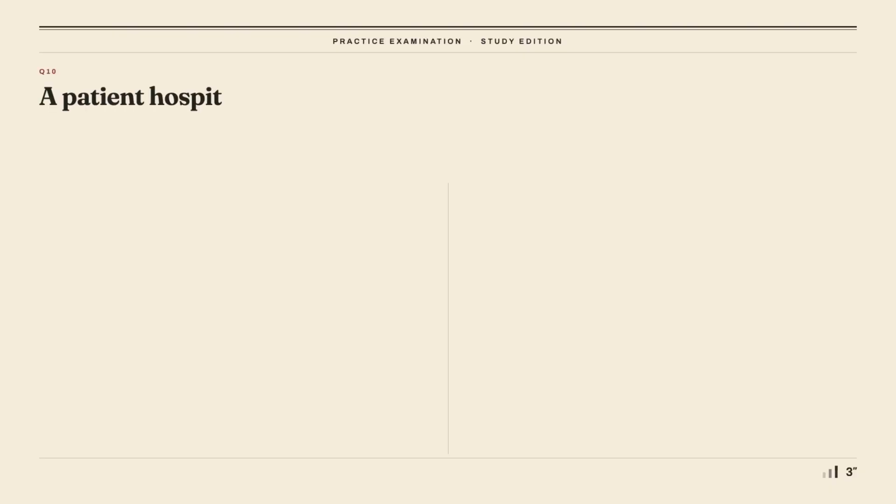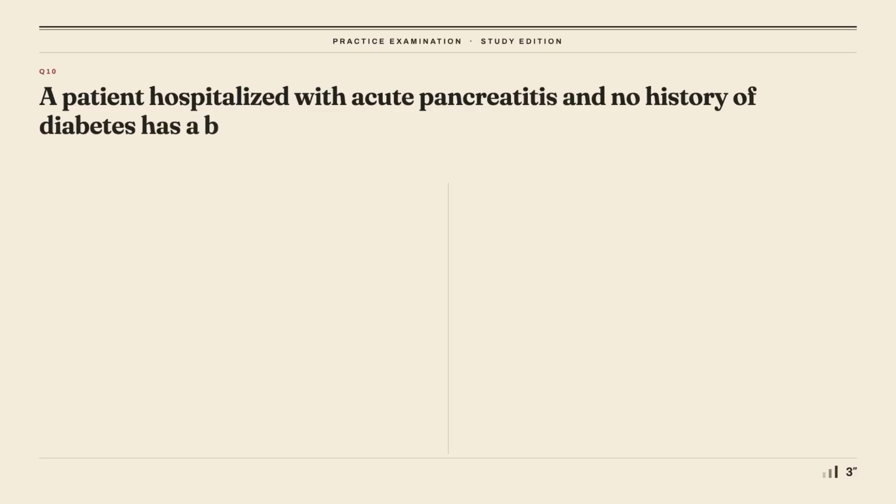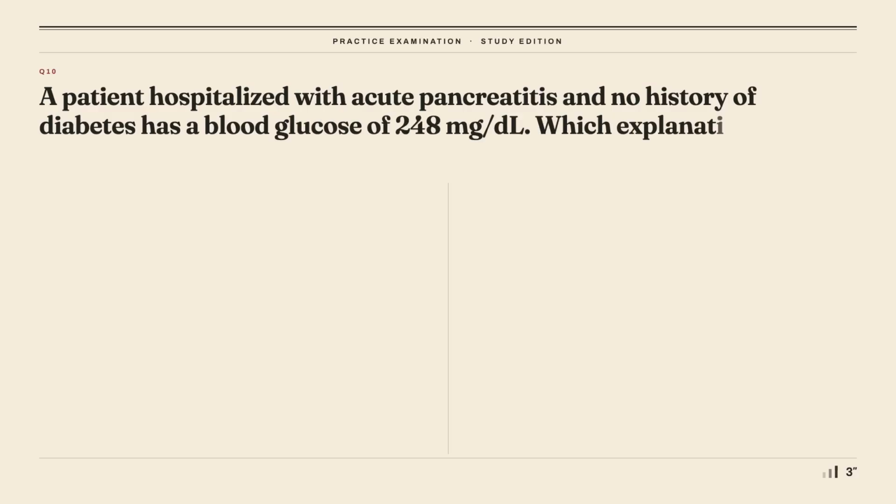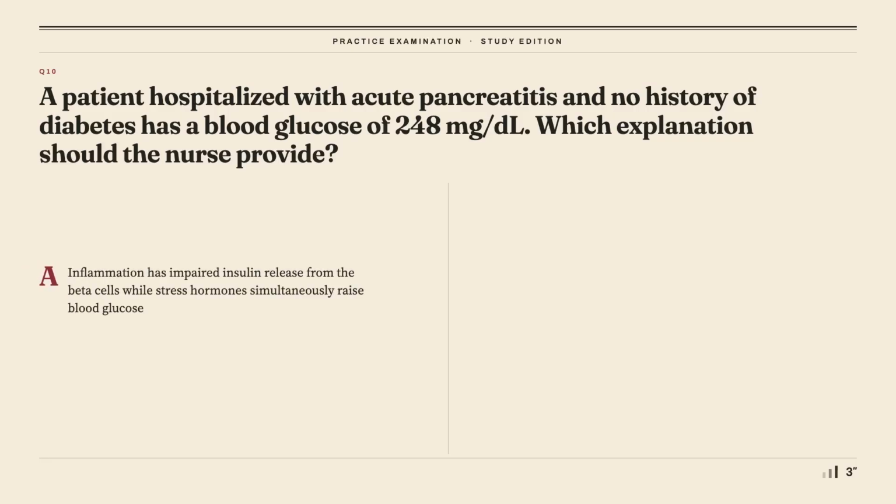Question 10. A patient hospitalized with acute pancreatitis and no history of diabetes has a blood glucose of 248 mg/dL. Which explanation should the nurse provide? Your options are: A. Inflammation has impaired insulin release from the beta cells, while stress hormones simultaneously raise blood glucose.